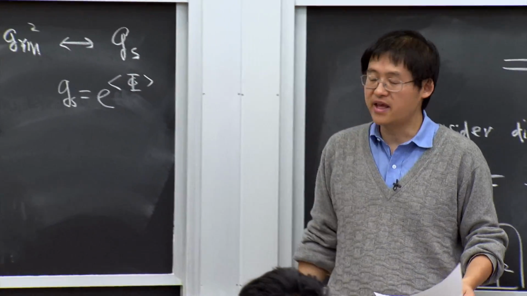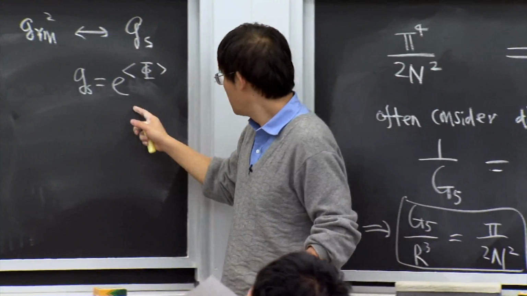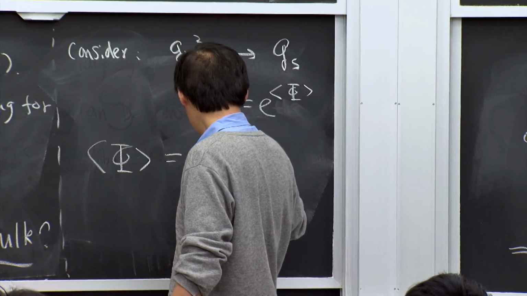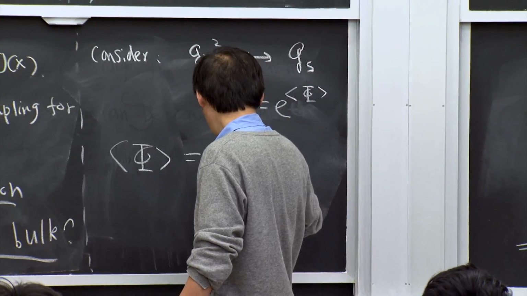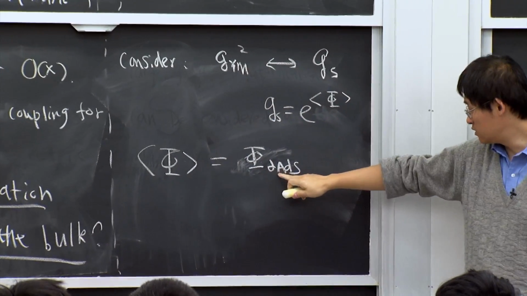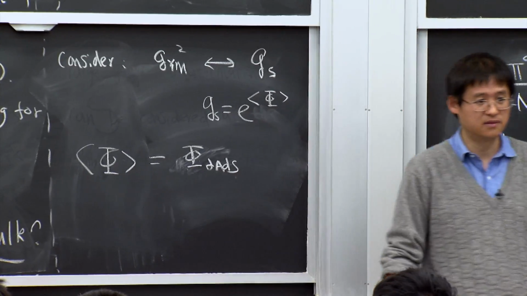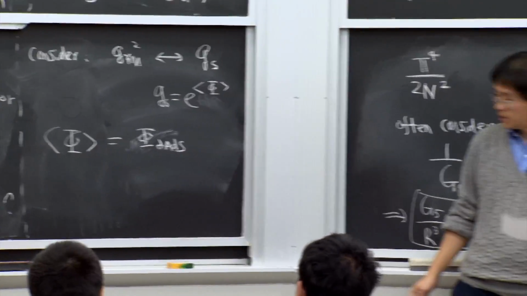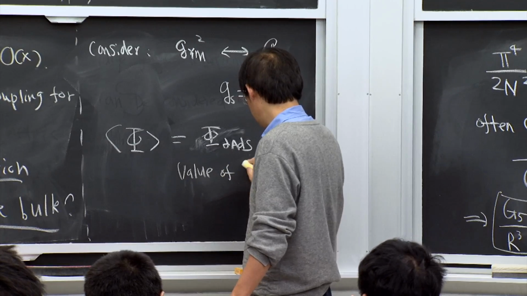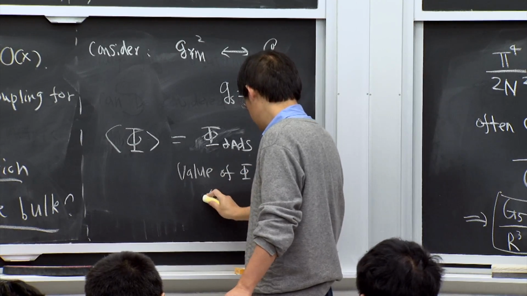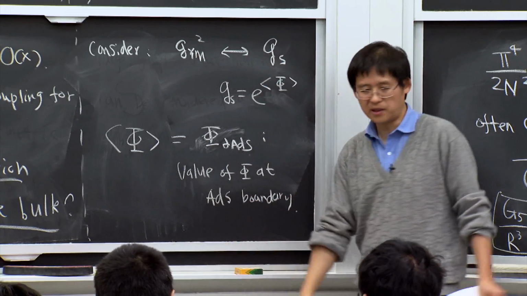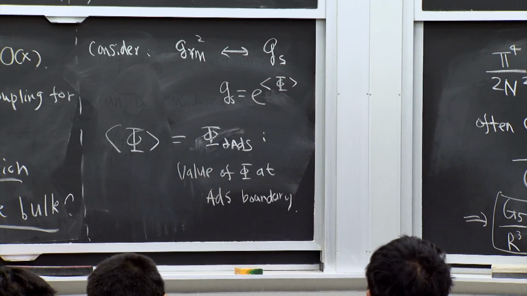Similarly, for a space-time like AdS with a boundary, the expectation value of this dilaton can be identified with the value of the dilaton at the boundary of AdS. Here partial AdS means the boundary of AdS. So the expectation value can essentially be associated with the boundary value of the field.